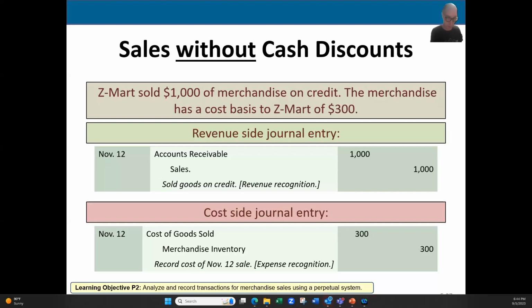I credit merchandise inventory, $300. The two things happen at the same exact time. Because remember, every time you sell something, there's two transactions that need to be recorded. You record the sale, and you record taking the product out of inventory.